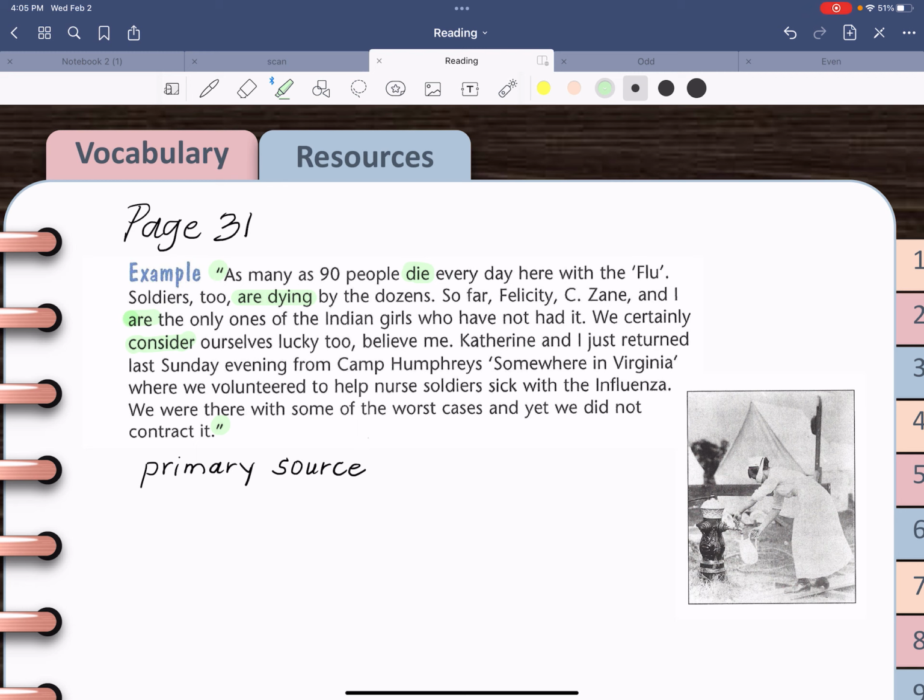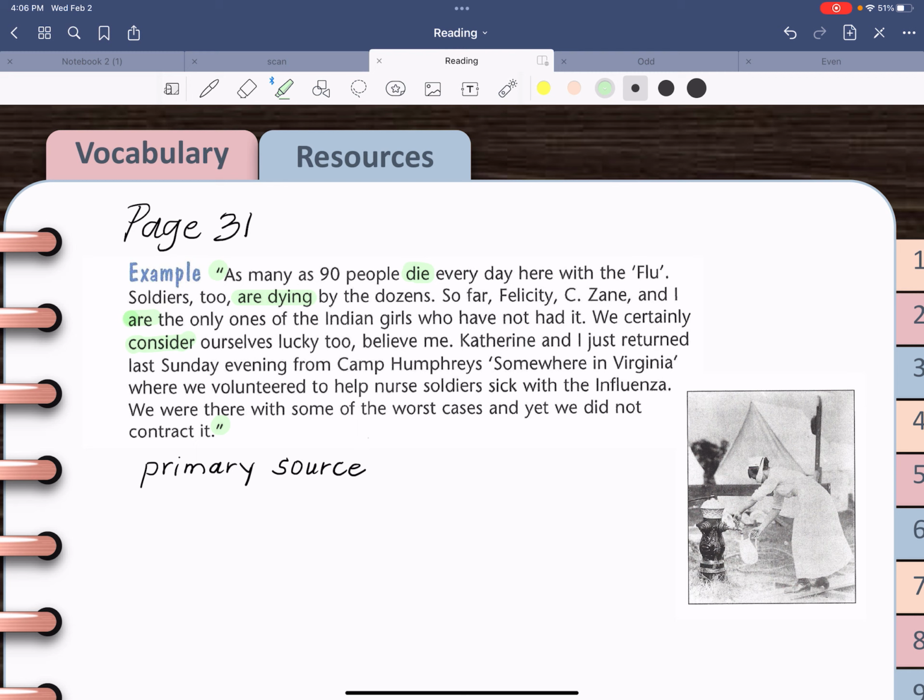Now here's a past tense verb. When she says, Catherine and I just returned last Sunday evening from Camp Humphreys, where we volunteered to help nurse the soldiers. We were there, but we did not contract it. So she does switch to the past tense, but it still is written at a different time in history.